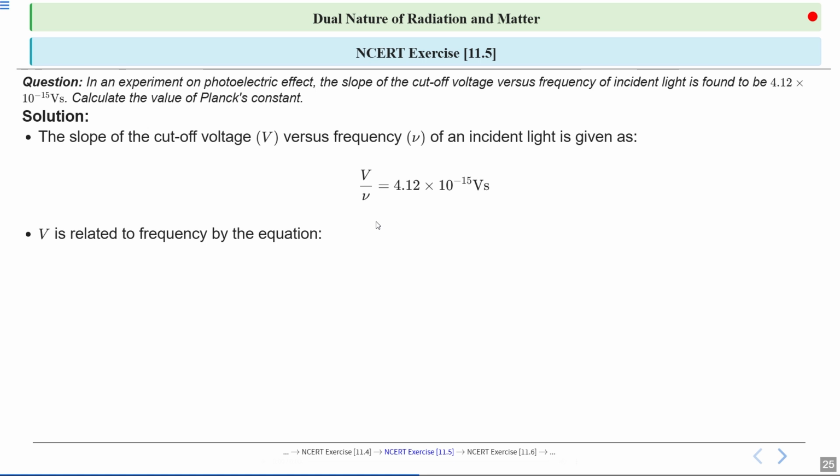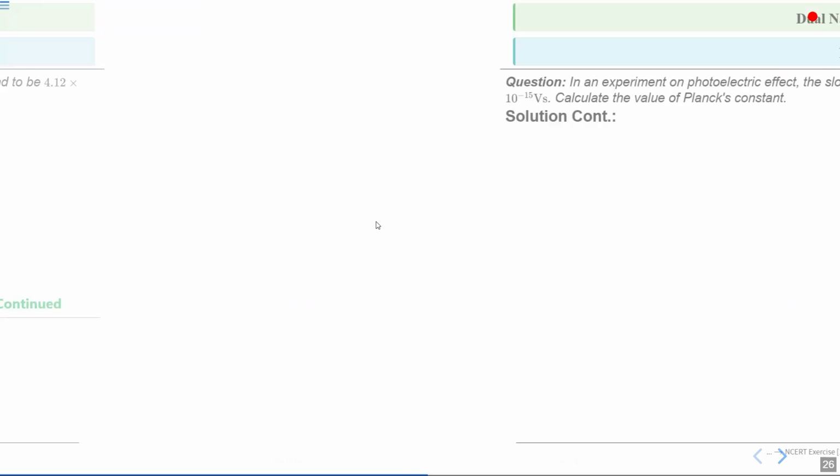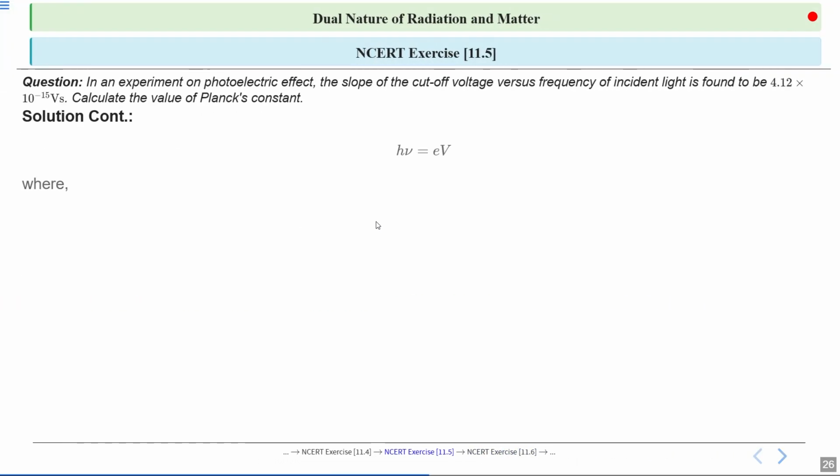V is related to the frequency by the equation h nu equal to eV. Now we know h nu is equal to eV, where e is the charge of an electron and h is Planck's constant. So e we know, and therefore h is equal to e into V by nu.